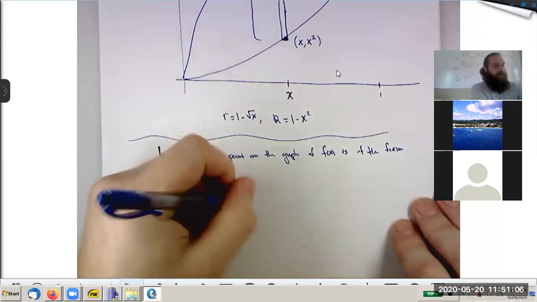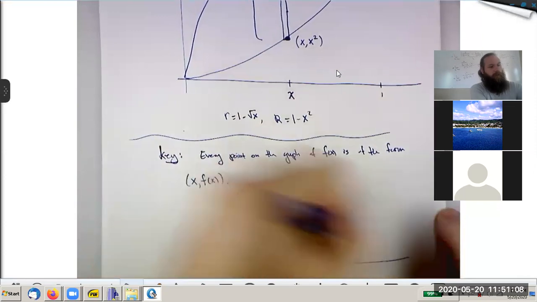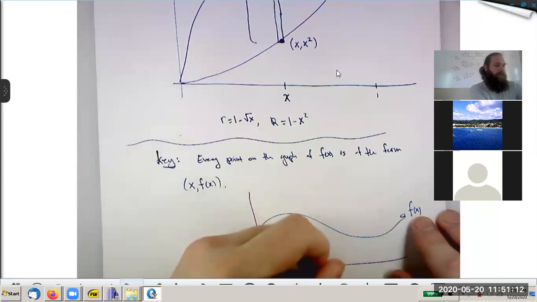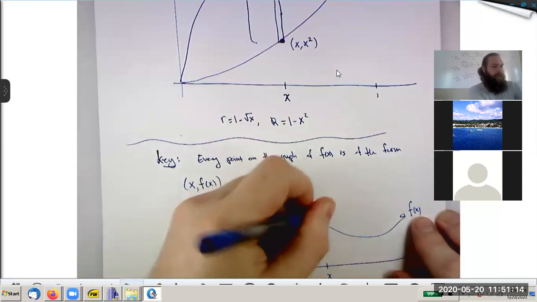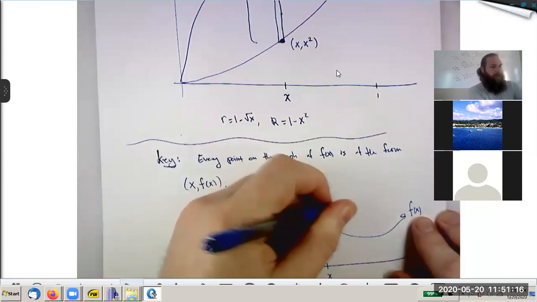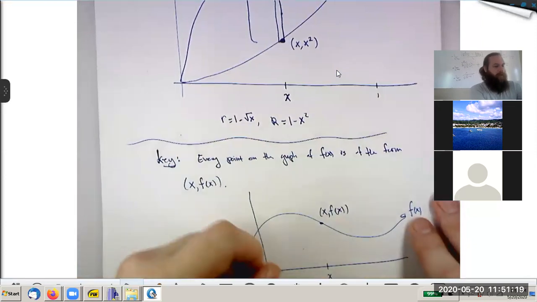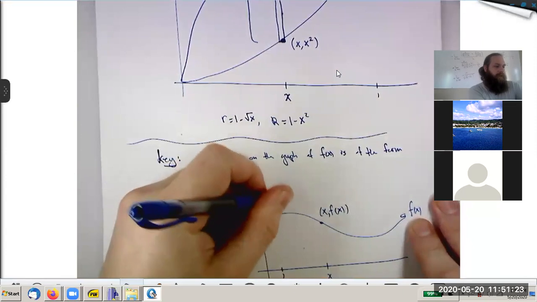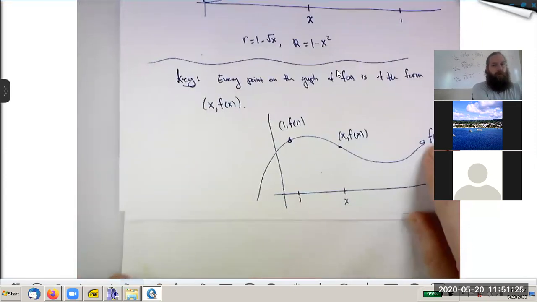That's the big idea. So if you take a generic point along the graph of some function, you look at x, this will be x comma f of that very same x. Like if this is 1, this would be 1 comma f of 1. All right, that's the main idea.